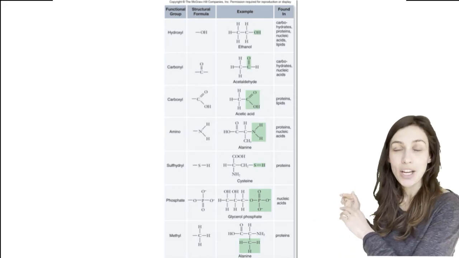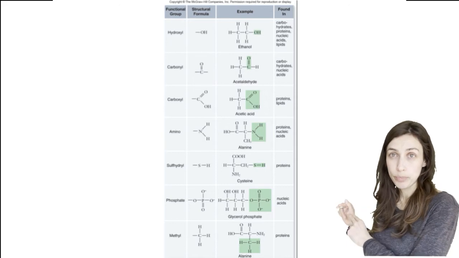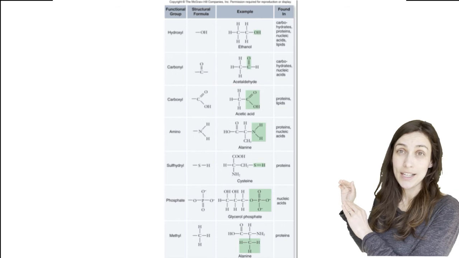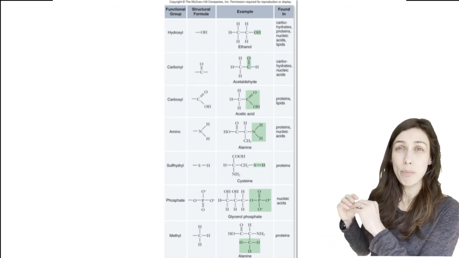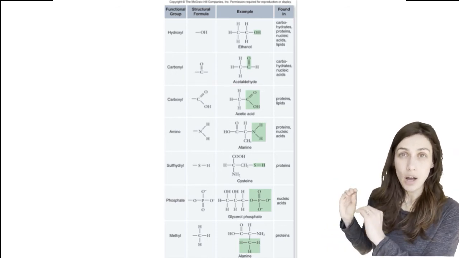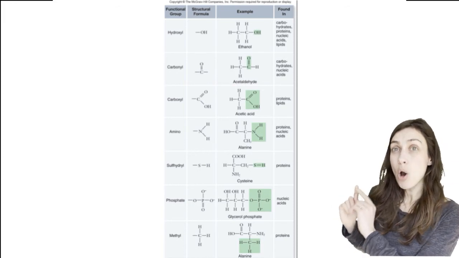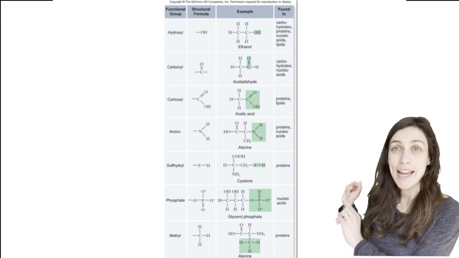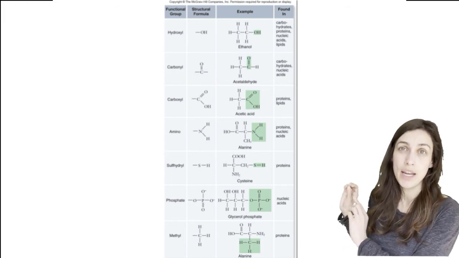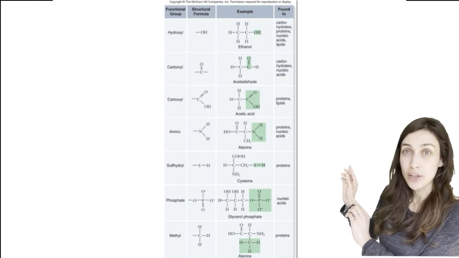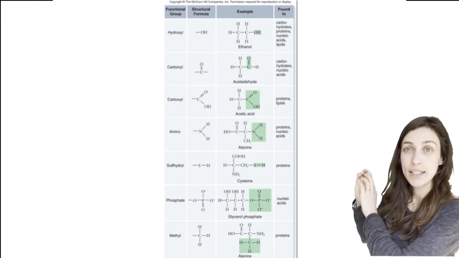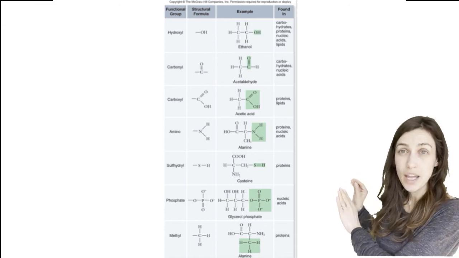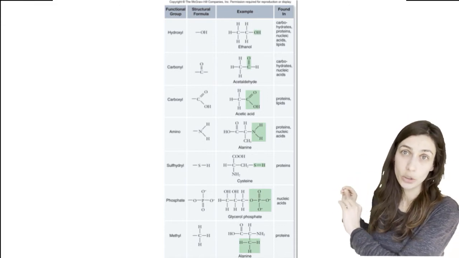So next here is a carboxyl group. It's really important that you do not confuse these second and third one. The carboxyl group is when a carbon atom is both covalently bonded to an OH group and double bonded to an oxygen. That together, all of those three parts, the C, OH, and double bond to O, the whole thing together is called a carboxyl group.